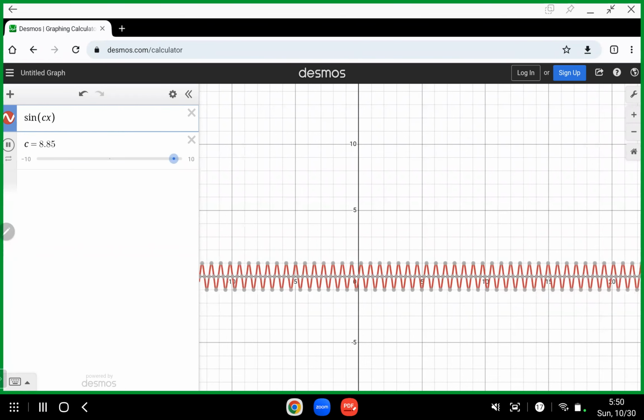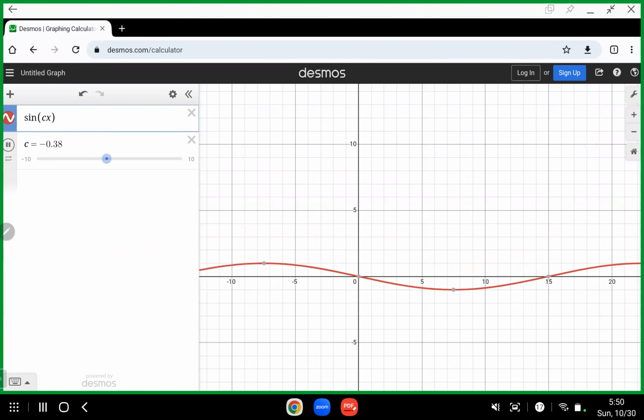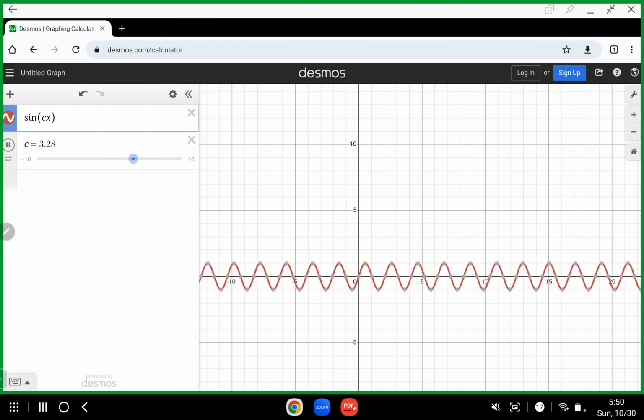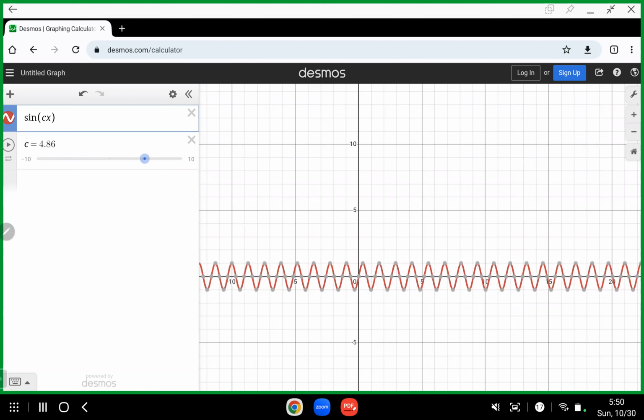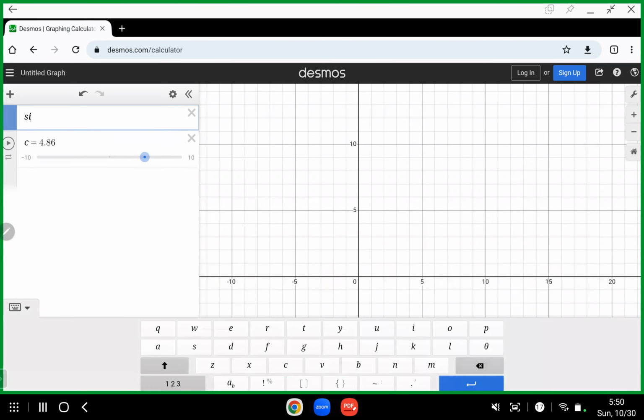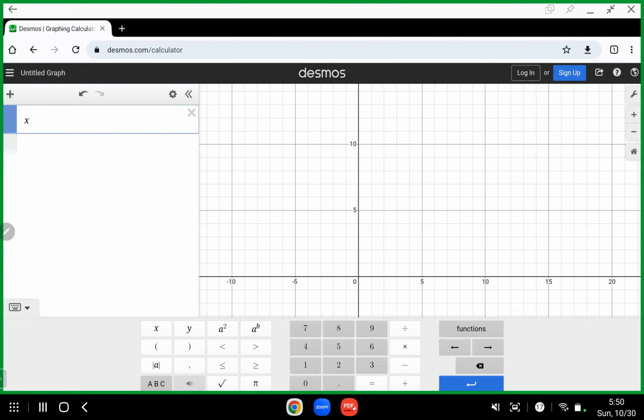So also note something. Let's see. A sine graph might not be good for this. So let's try it with x cubed.